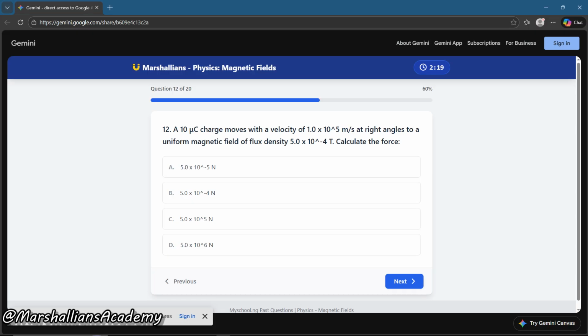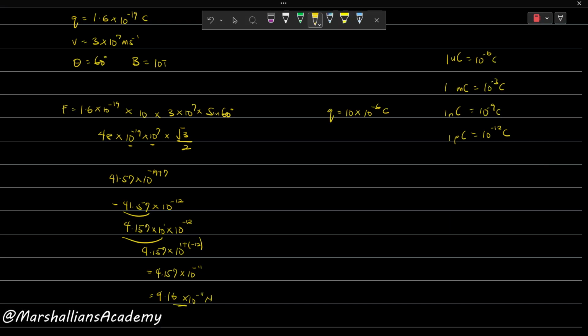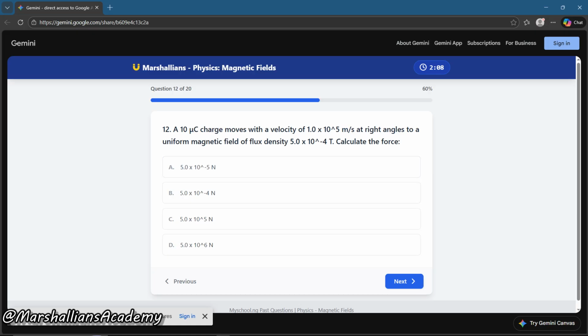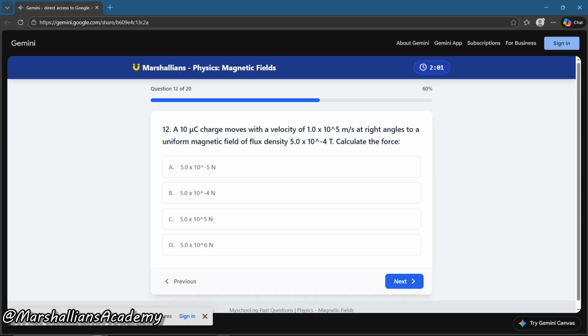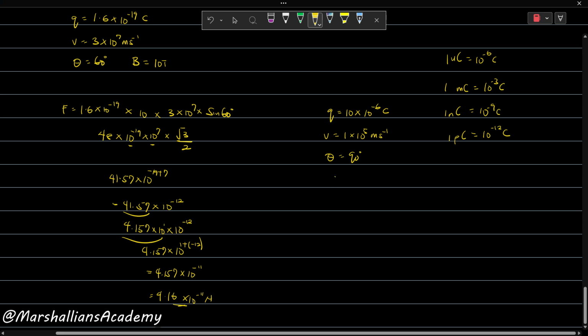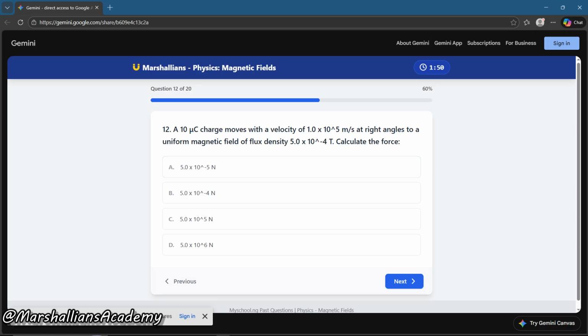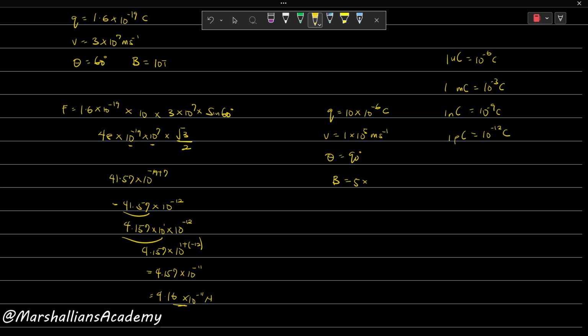So we are given 10 microcoulombs here. Velocity is 1 times 10 raised to the power 5. The angle is a right angle, that's 90 degrees. And the magnetic field or the flux density is 5 times 10 raised to the power negative 4 Tesla.